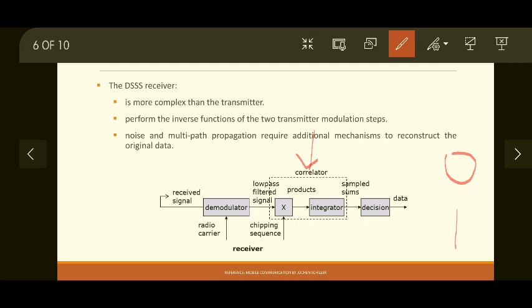So the relation between the received signal or received bits with 0 and 1 will be compared and a decision will be made. So inside the correlator we have two blocks. One is a simple XOR operation, which is also used at the transmitter, and then an integrator. So let's see first the XOR. The 11 megahertz signal is XORed with the same chipping sequence which was used at the transmitter end.